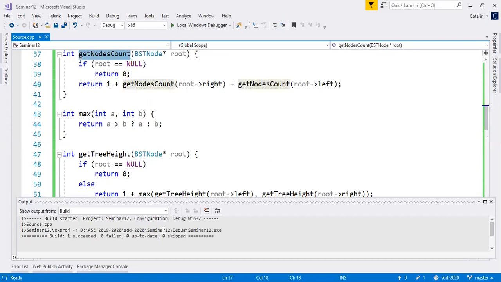But remember, the purpose of binary search trees is to give you the best performance on search, not on insert. So you build it, and after that you use it for search. And like I said, they were built only for this operation, to give you the fastest response on search.